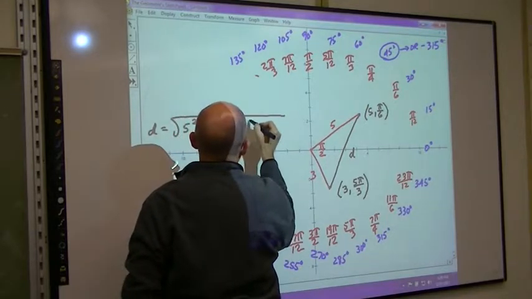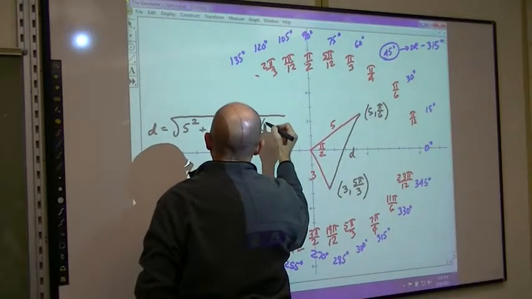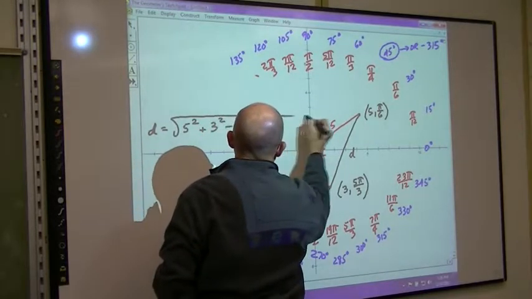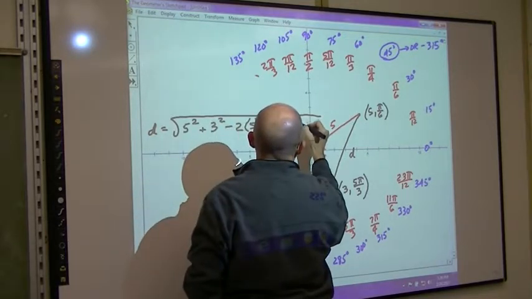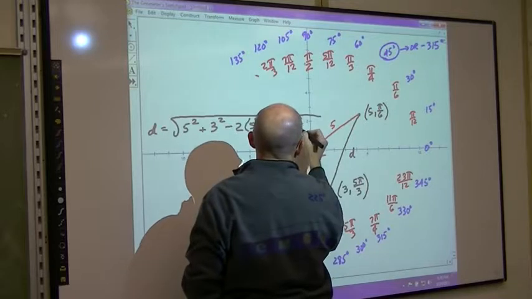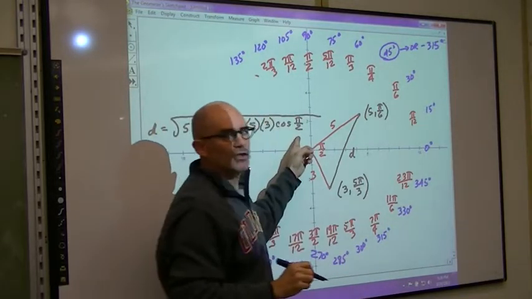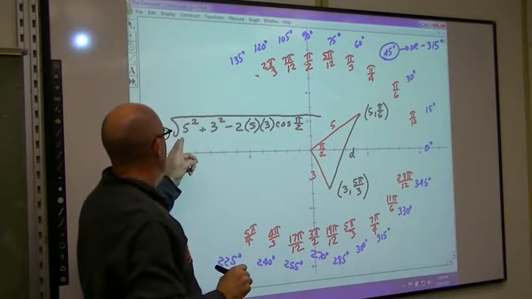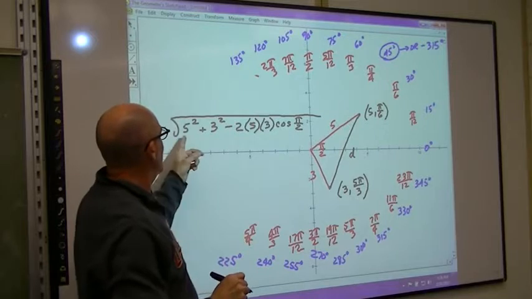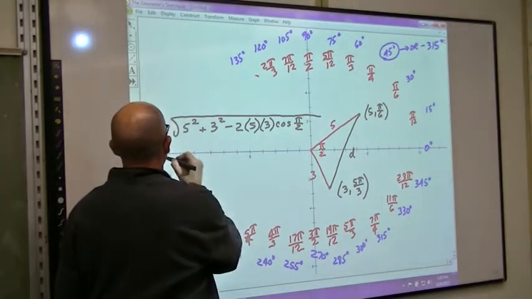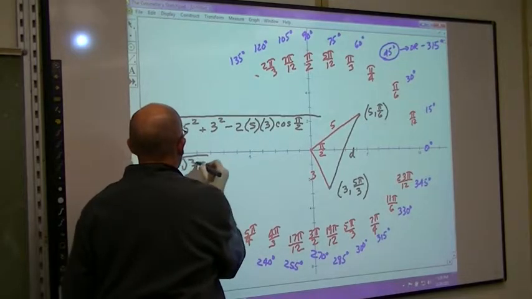Minus 2ab cosine of the angle in between. So notice cosine pi over 2 is 0, so this thing just ends up being the square root of 5 squared plus 3 squared, which is 25 and 9 is 34, so this ends up being d equals square root of 34.